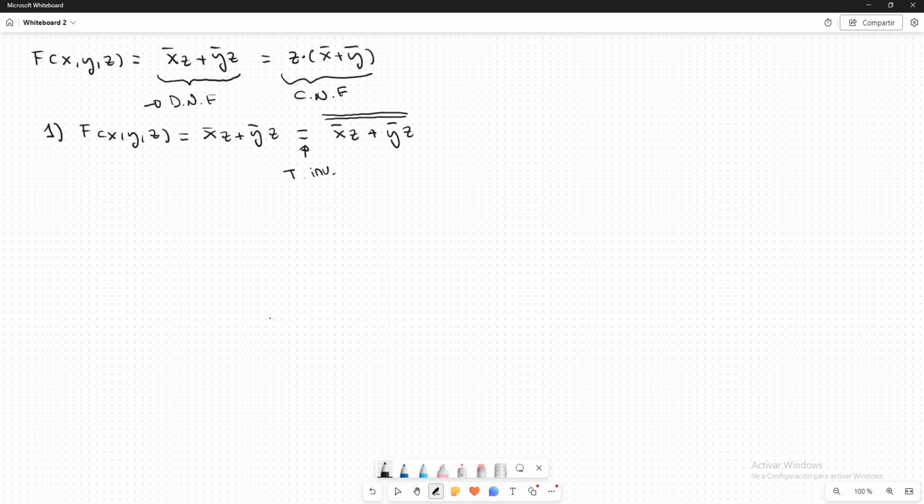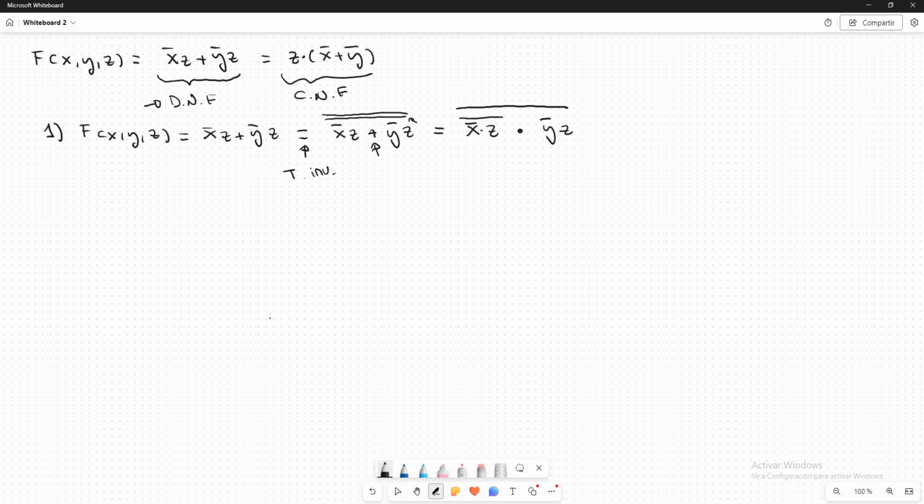And now we are going to break only this complementation, the first complementation, using De Morgan's law. And this logic sum is going to become a logic product.